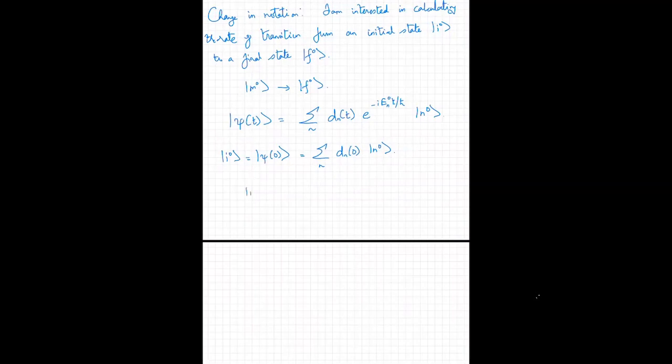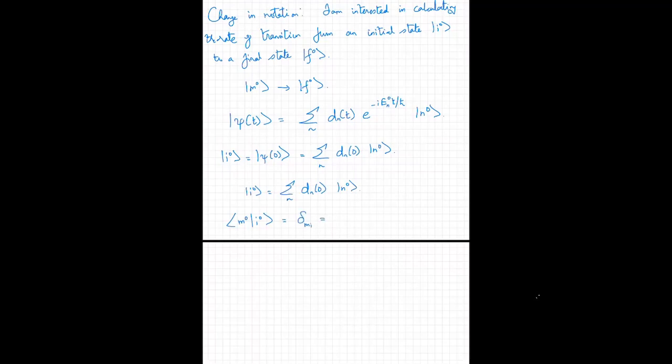I have this equation, the sum of dn0 n0, and now I take the overlap on both sides with m0. So I take the dot product with a different vector. It is obvious to you, m0 I0, what is this? This is basically delta mi.